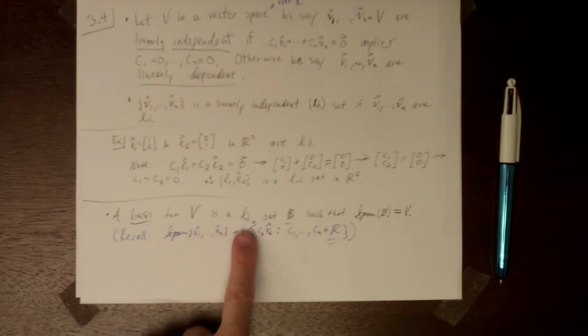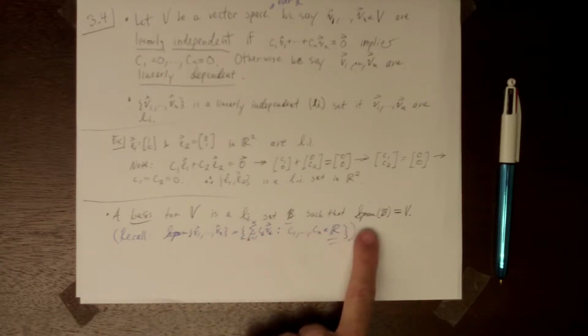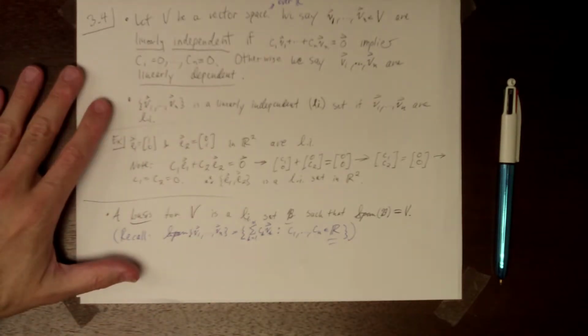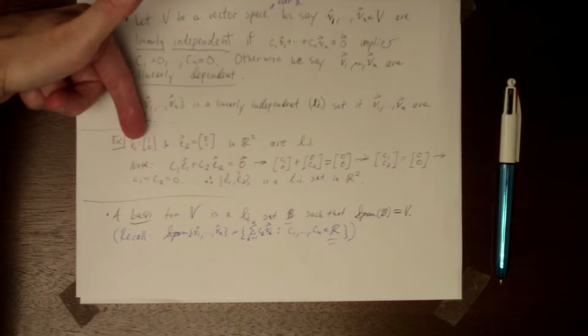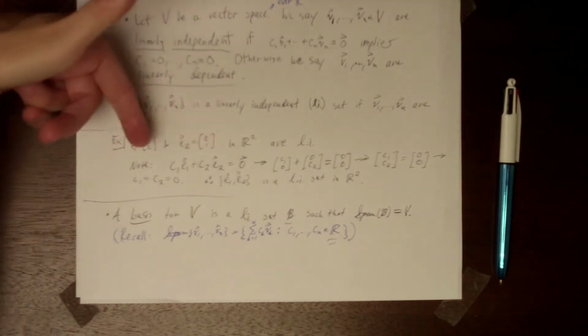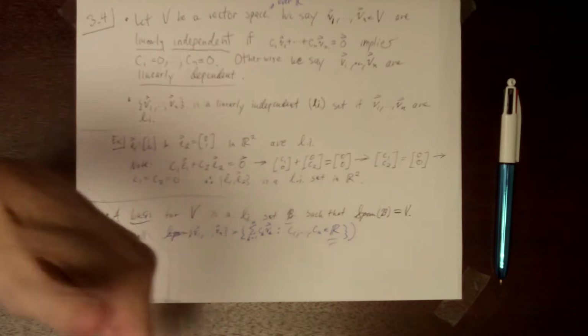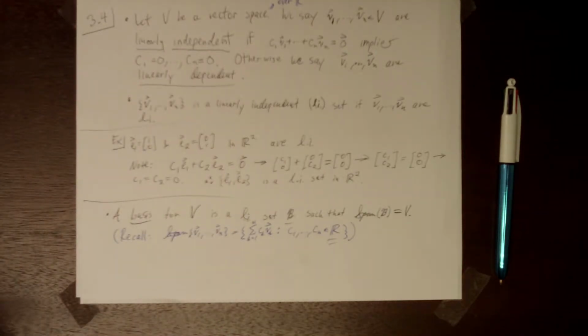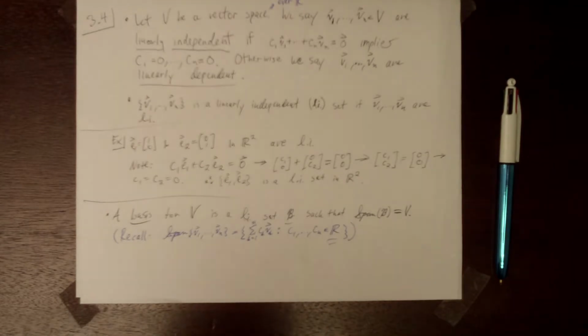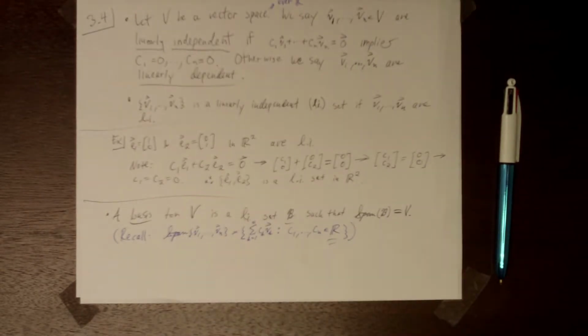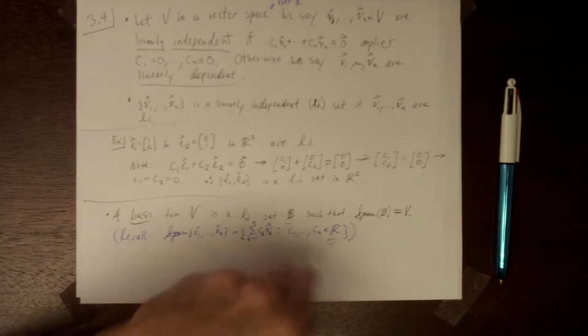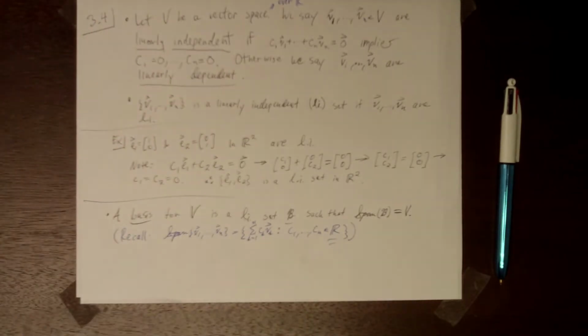We need a linearly independent set B with the span of that set B equaling the vector space V. We have that. This set of vectors E1 and E2 in R2 is in fact known as the standard basis for R2 because it's the most convenient one. It's the easiest. It's not always the one easiest to work with in all applications. We will look later on in this course at how we can identify different bases for a given vector space and change from one basis to another depending on the needs of a particular problem.